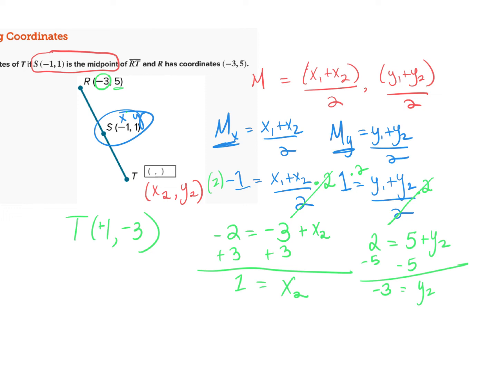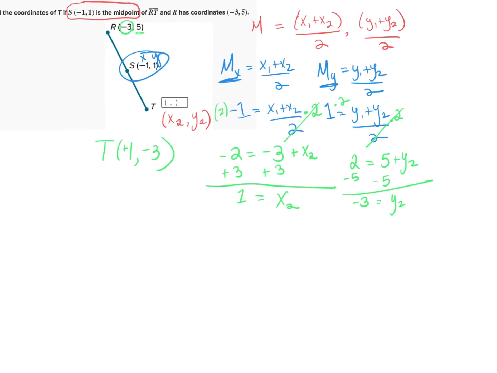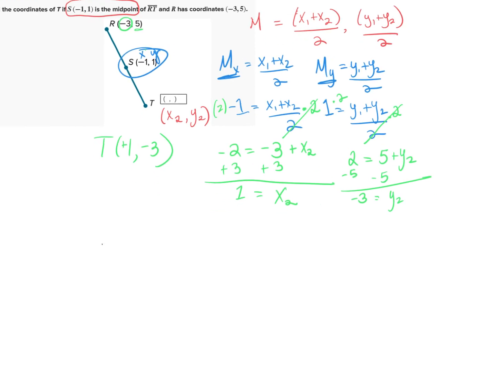Now we could also solve this using number lines. What we do is we set up a number line for the x's, and then a number line for the y values. So let me do that.